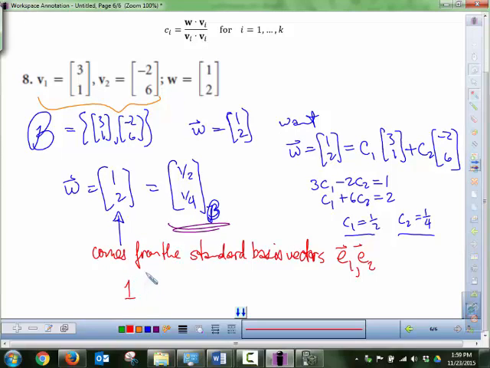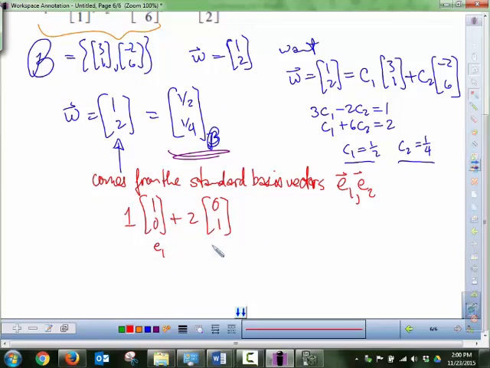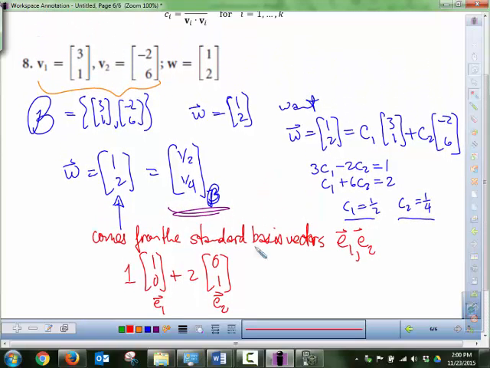So this is exactly 1 times 1, 0 plus 2 times 0, 1, where each of these are your E1 and E2 vectors. So those are the standard basis vectors, but if you change basis, you can still rename your vector with the new components with a different basis.